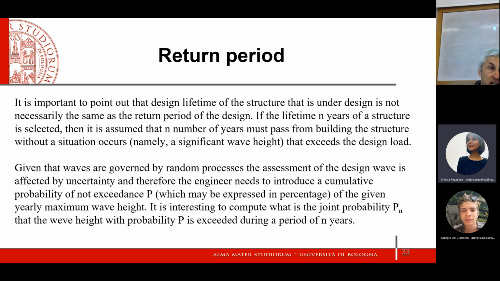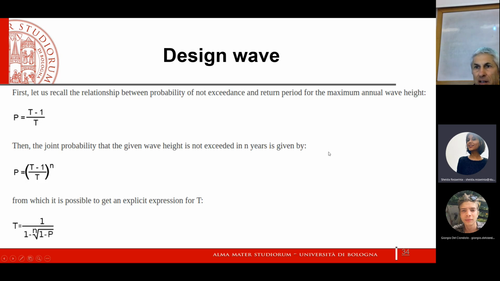Let's see what is the probability that an event with a return period of 100 years occurs in 100 years. The probability is not 1, because we are talking about an average, and you cannot say that you are certain that in 100 years an event with a return period of 100 years occurs. So what is the probability?